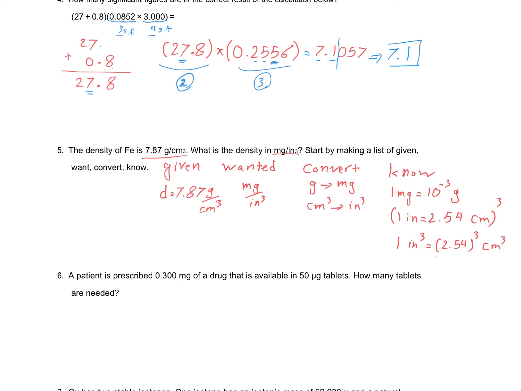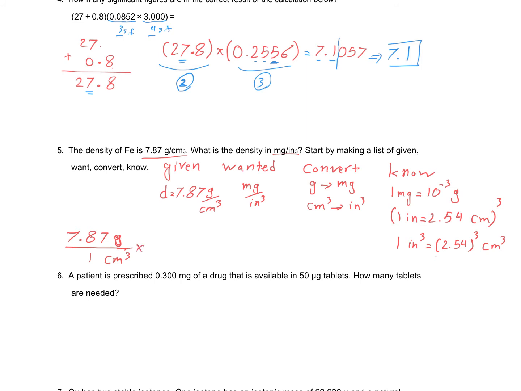So always we start with the given information: 7.87 gram, and as I told you before, whenever you have a unit which is in a ratio, you can write it like this, over 1 cubic centimeter. The density is gram per cubic centimeter, so it means that 7.87 gram is in 1 cubic centimeter.